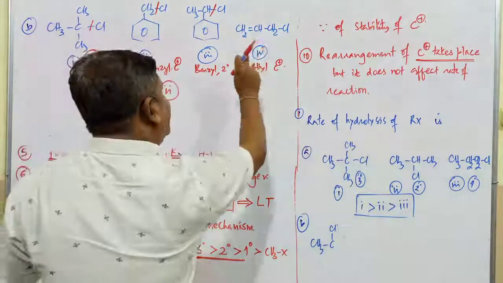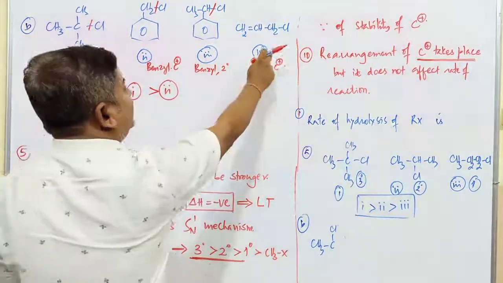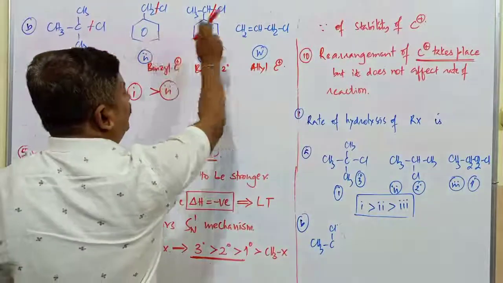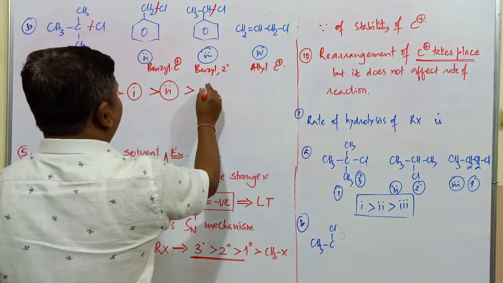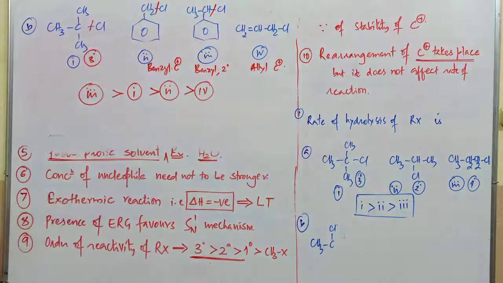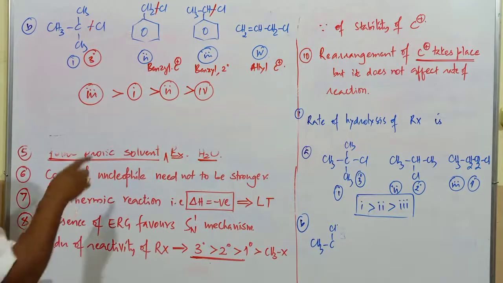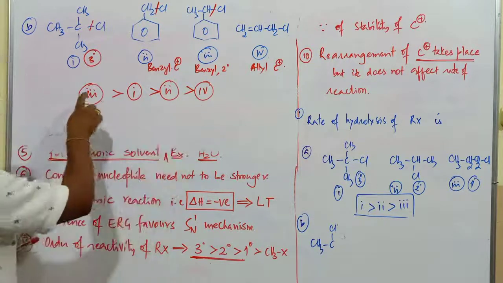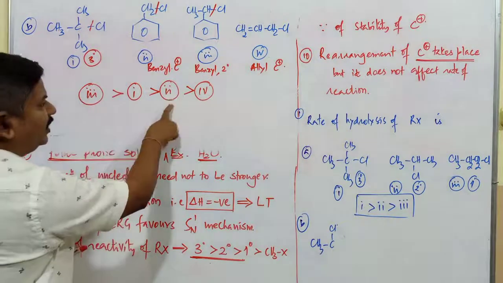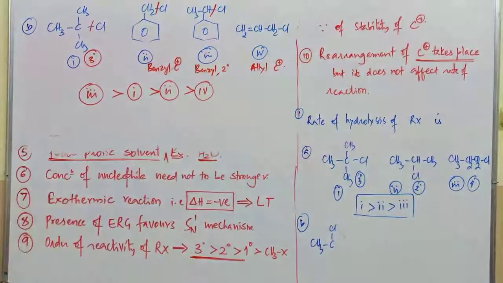The allyl carbocation is also stabilized by resonance, but here the resonance structures are more compared to the allyl carbocation. So the least reactive compound is going to be the 4th one. So what is the order of reactivity of these 4 compounds towards the SN1 mechanism? The order is 3 is greater than 1, greater than 2, greater than 4.